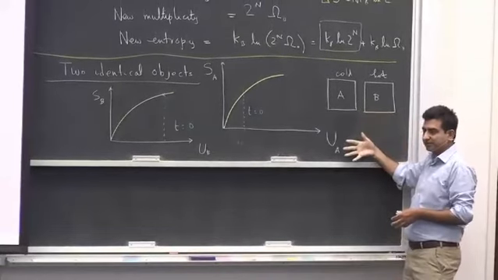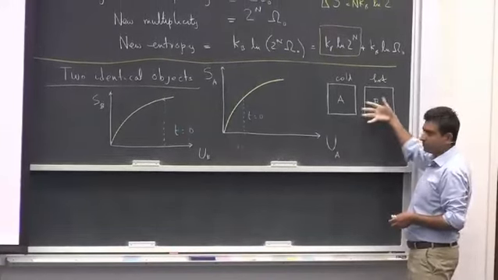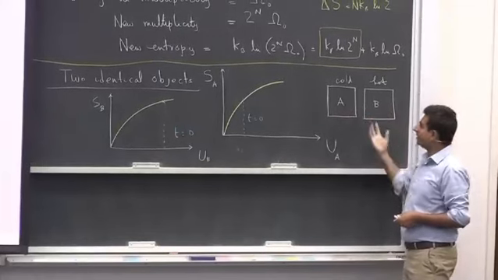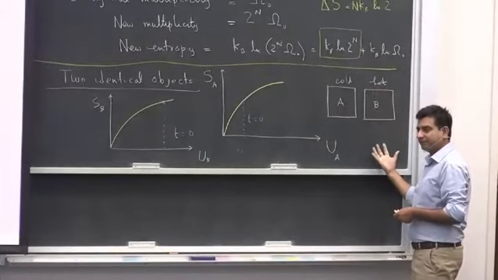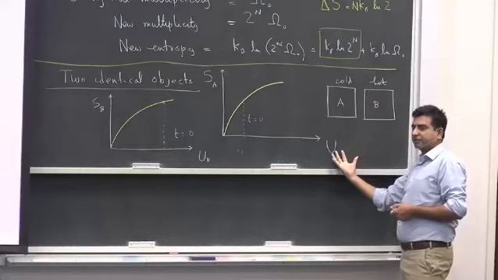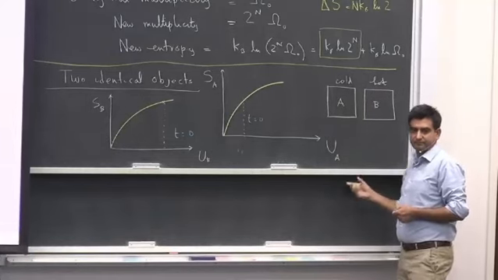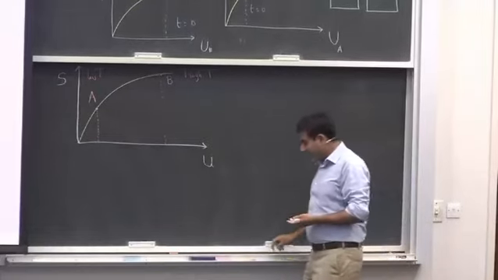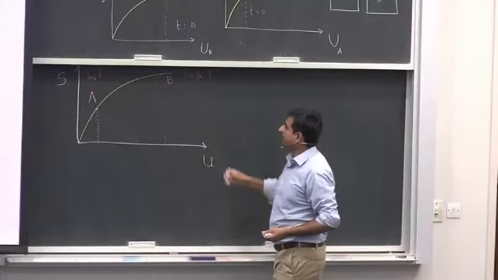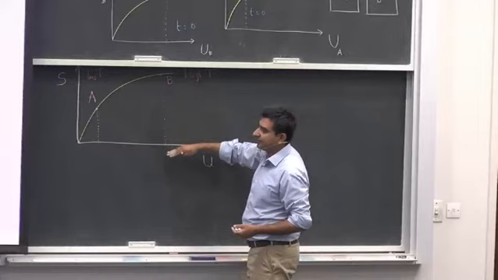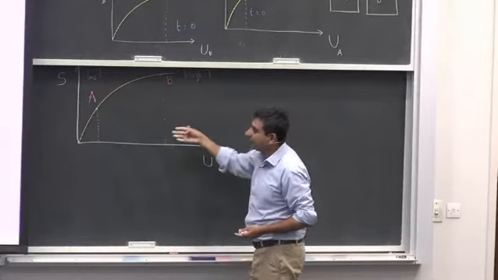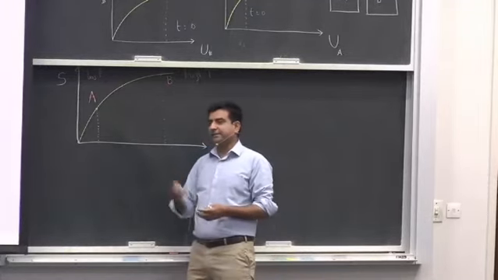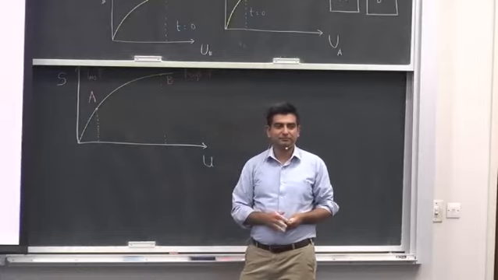Energy is going to transfer from B to A. So its internal energy is going to go down. Object A's internal energy is going to go up. Now if that were to happen, if B's energy goes down, this means its internal energy has to decrease. But A's internal energy has to go up.